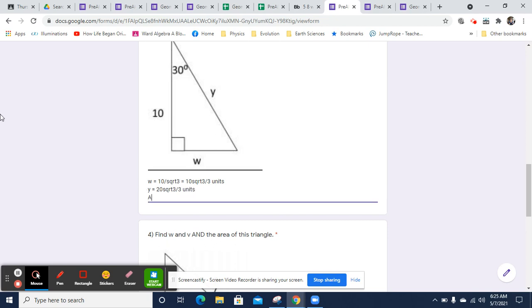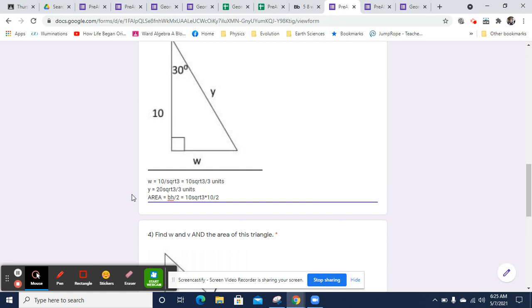And then the area, again, is base times height all over 2. So we are going to multiply 10 square root of 3 over 3 times 10, all divided by 2. So 10 square root of 3 times 10 divided by 2.